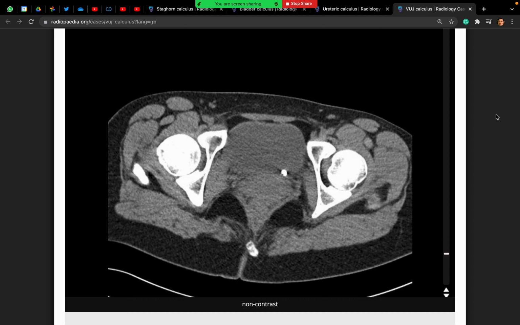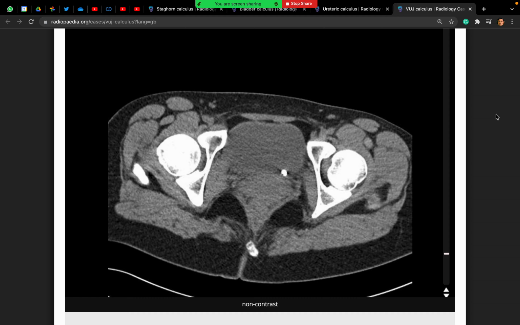Why are you planning for PR diclofenac rather than oral? What is the advantage? So PR diclofenac bypasses the first pass effect, and it's very effective in controlling renal colic pain. But if it's not available, I can also give oral diclofenac.